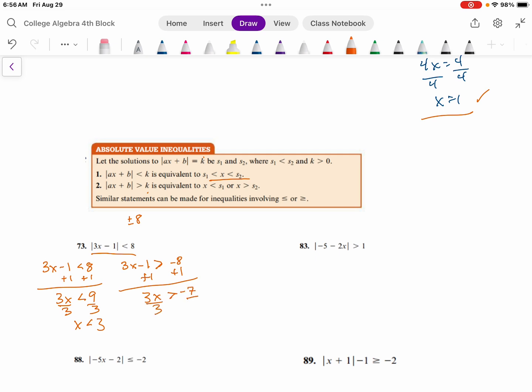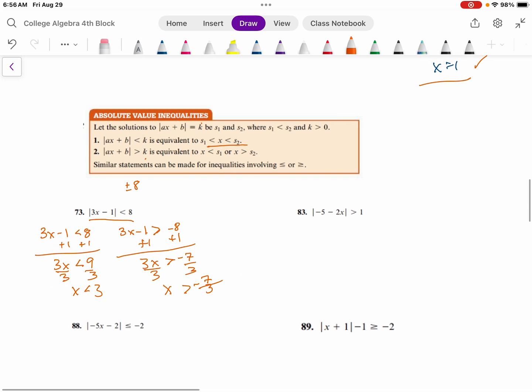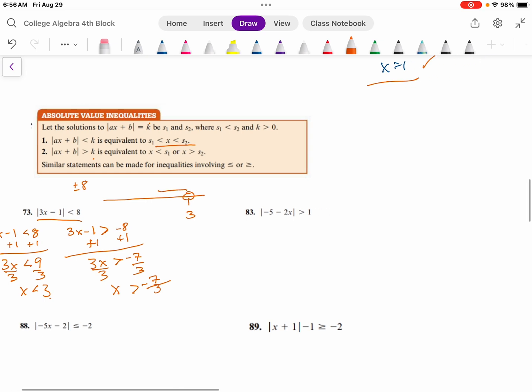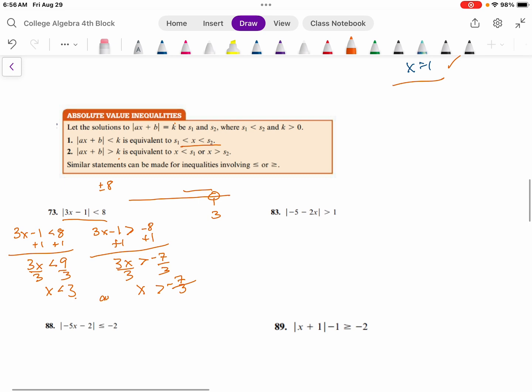Divide by 3, x is greater than negative 7/3. Now, there we have two answers. We're telling our readers on a number line that x is less than 3, so here's 3. It's less than 3, and then there's technically an "and" here, and it is greater than negative 7/3.